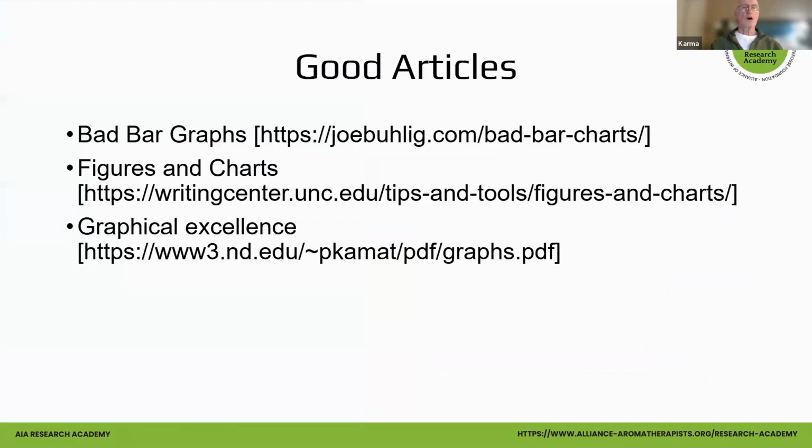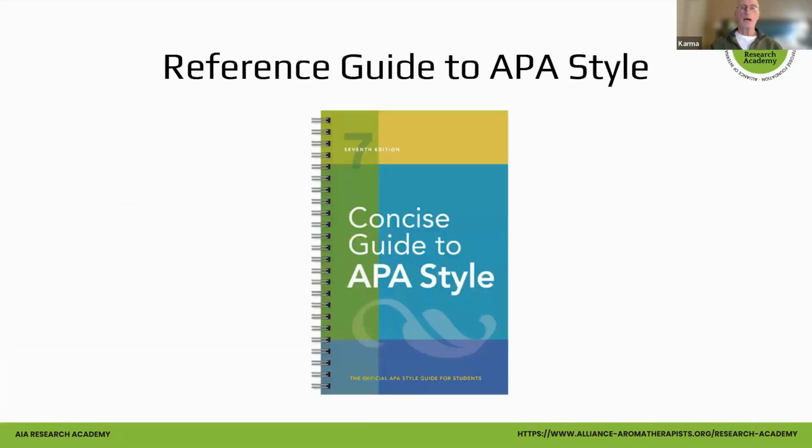There are good articles, and in fact some good pictures of bad graphs, on bad bar graphs, figures and charts, graphical excellence. What I recommend: you can find on the internet fairly easily how to cite references or how to format pictures or graphs.